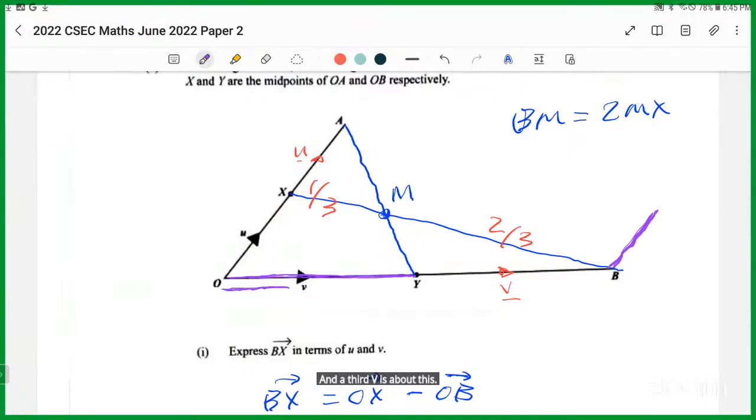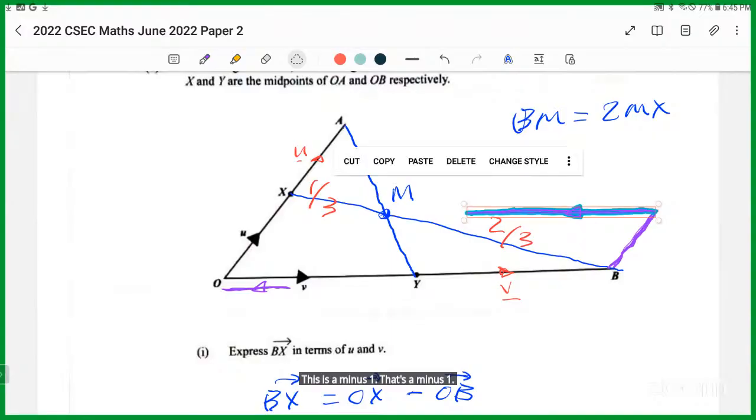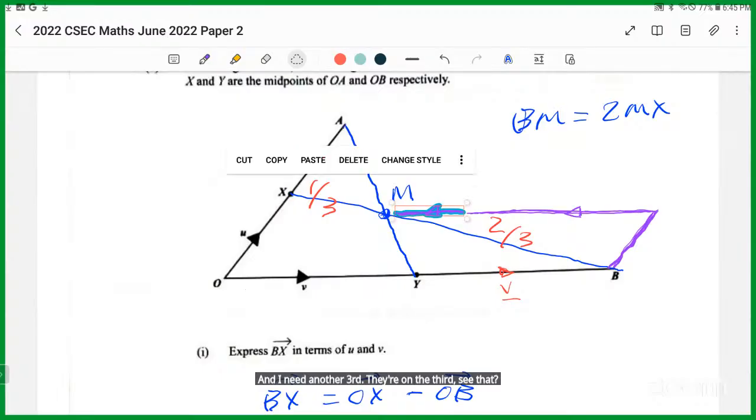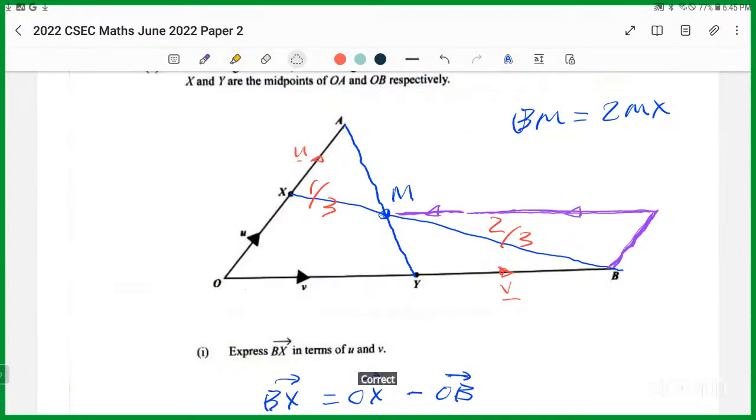So we're going 1 1/3, but we have to go in the opposite direction, like I said, minus. I'm going to combine these two. This is a -1, then I need another third, see that? That's correct. So you can accept this answer.